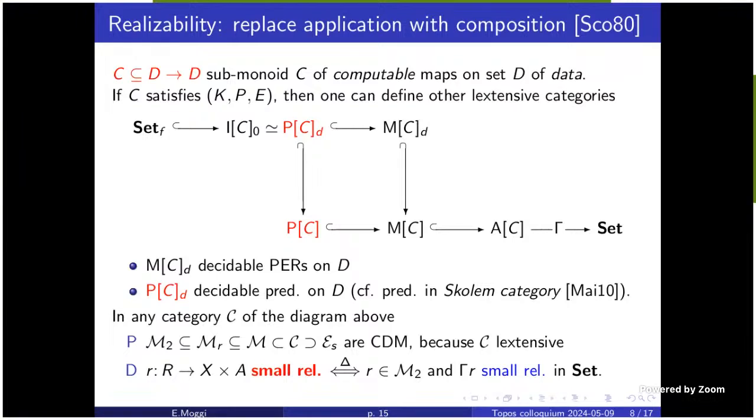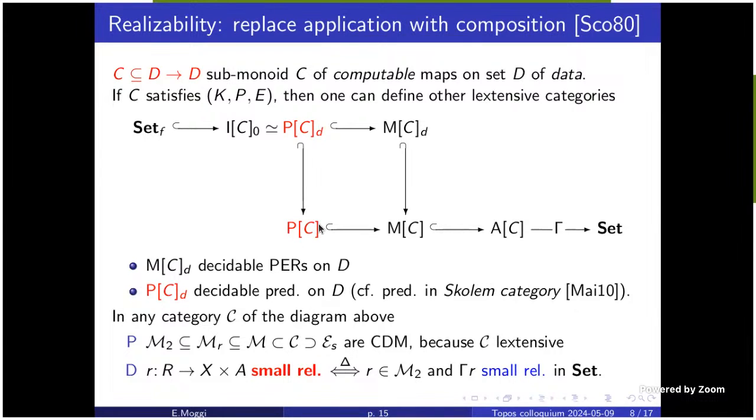Let me introduce some other extensive categories, at least extensive when C satisfies these 3 properties. So one, again, I'm mainly interested in subsets of D. In particular, I can consider the full subcategory of predicates on C, where the predicates are decidable. What does it mean, decidable?